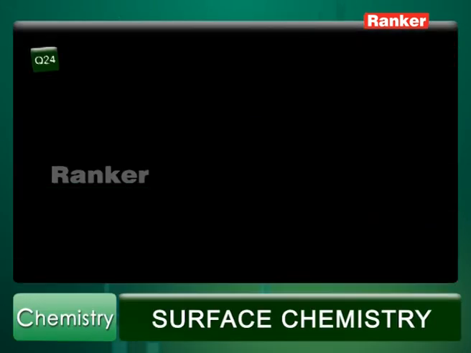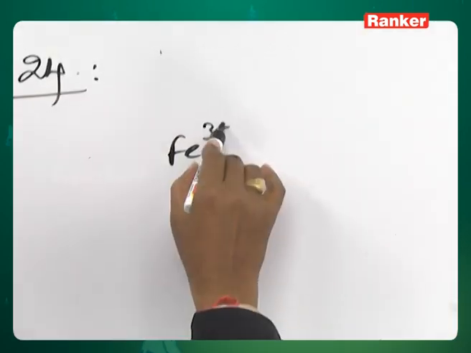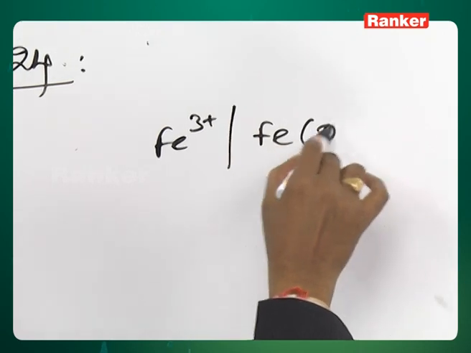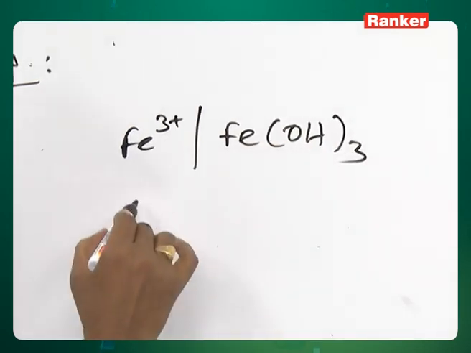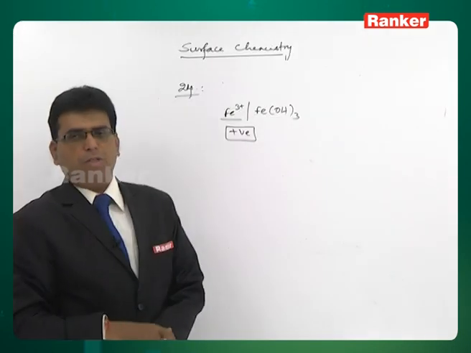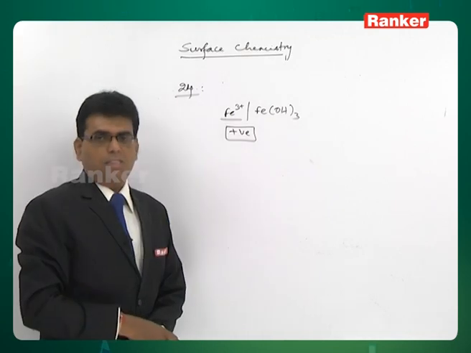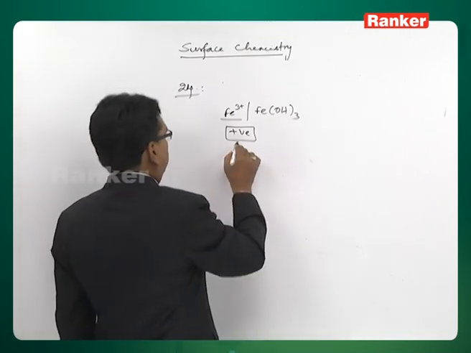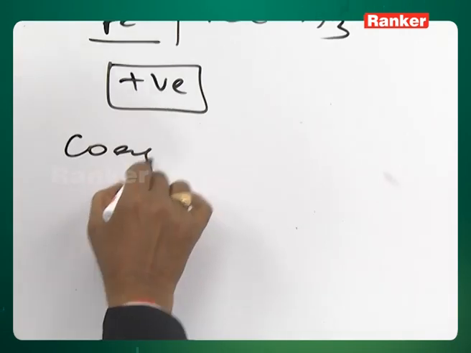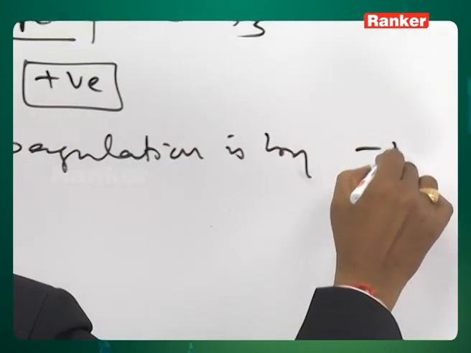Question number 24. Ferric hydroxide is a positive sol. Ferric hydroxide is Fe3+ with Fe(OH)3, so it is a positive sol. Here you are having a positive charge. For a positive sol, the highest capacity to precipitate, that is again coagulation, is by negative charge.